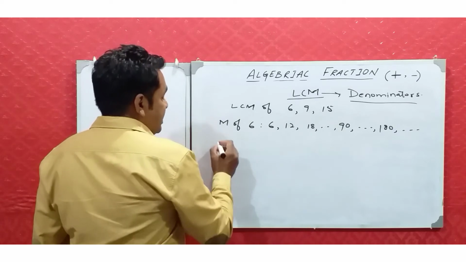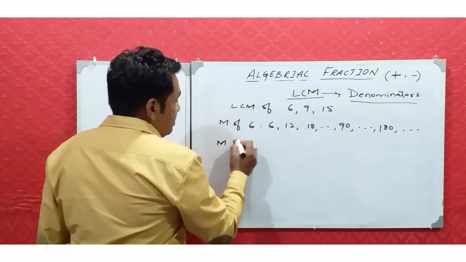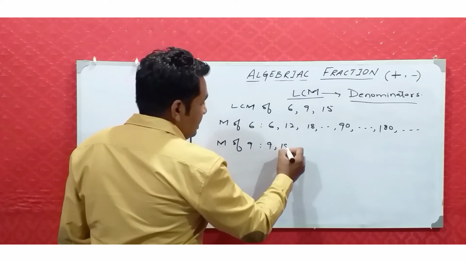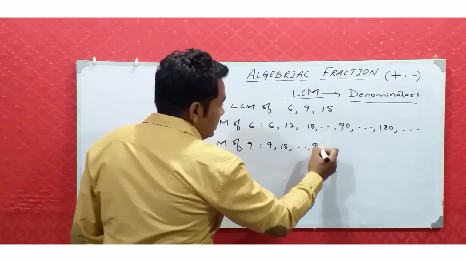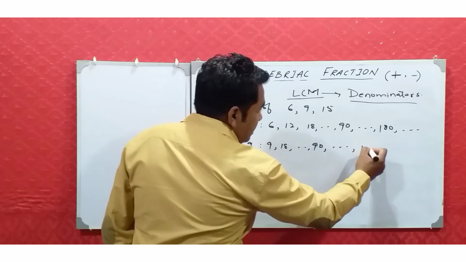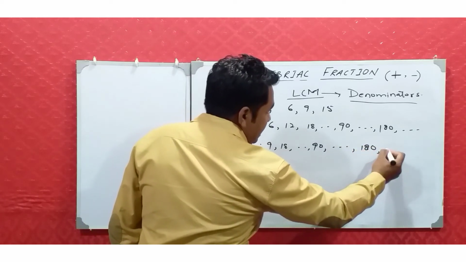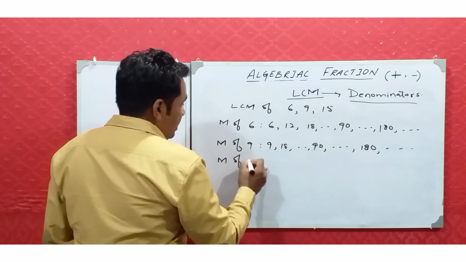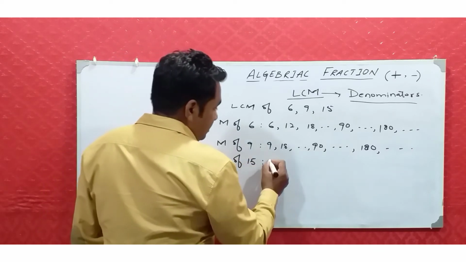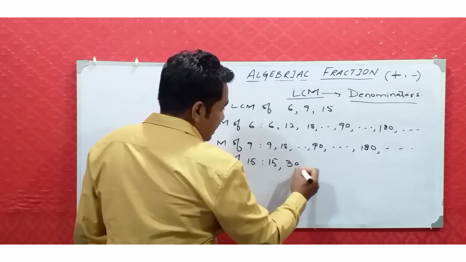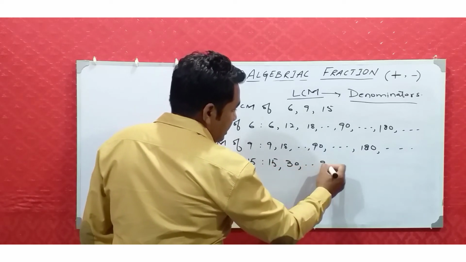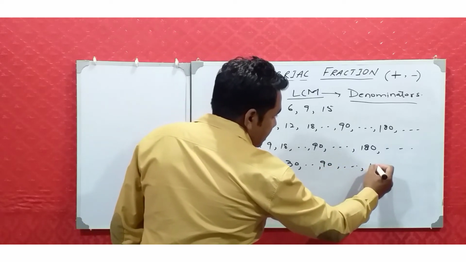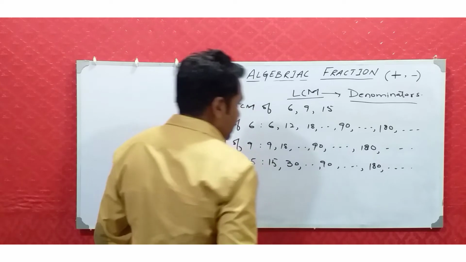They will never stop. In the same way, the multiples of 9 are 9 itself, then 18, then you will reach 90, then 180, and so on. And the multiples of 15 are 15 itself, then 30, then 90 also comes in the table of 15, and 180 also comes in the table of 15.